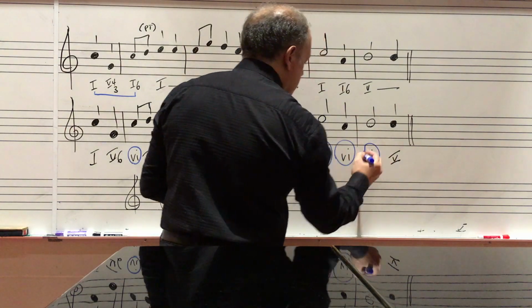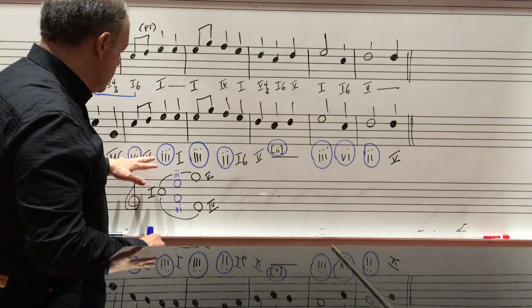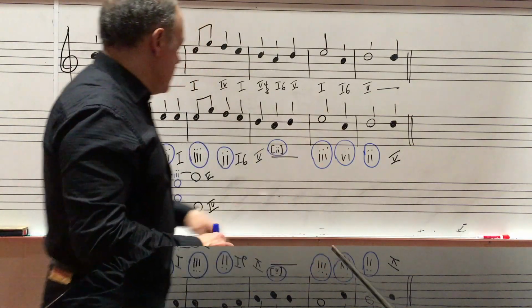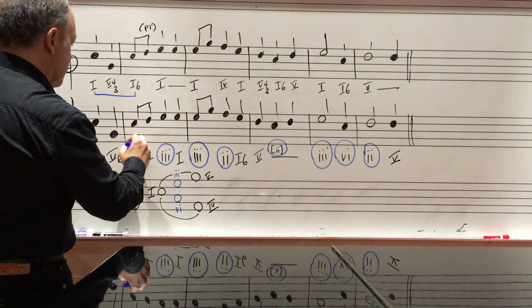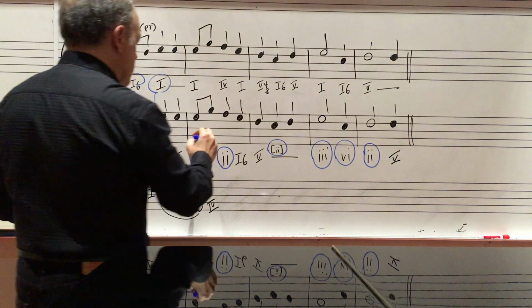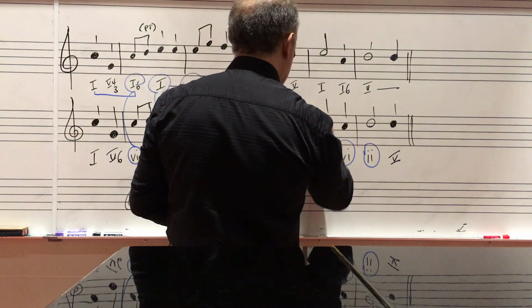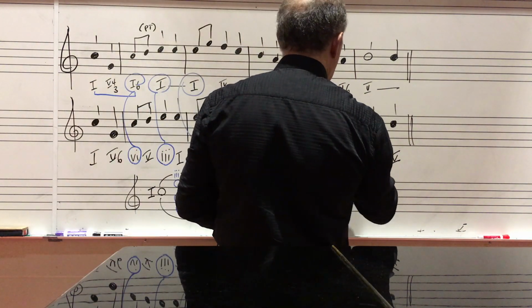What I want us to notice then about these particular uses, though, the 6s and the 3s, is that always what's happening is them being used in place of what had been tonic harmony.